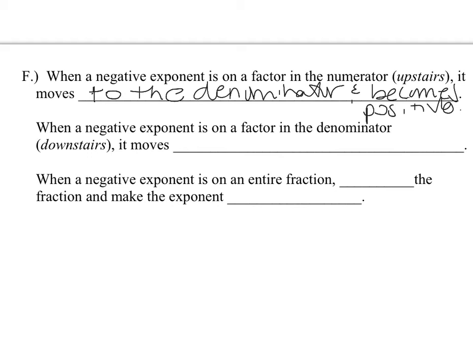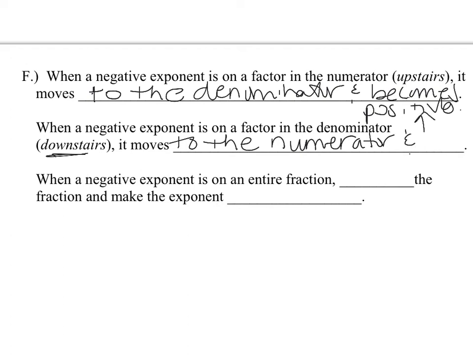When a negative exponent factor is in the denominator, or what I like to say downstairs, it moves upstairs or to the numerator, and becomes positive. I'm just going to draw an arrow for it becomes positive.